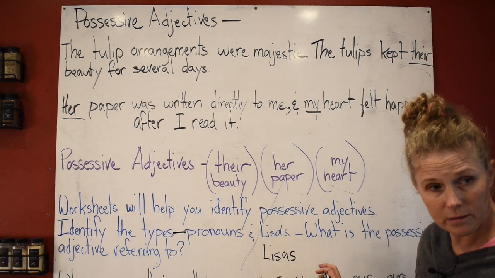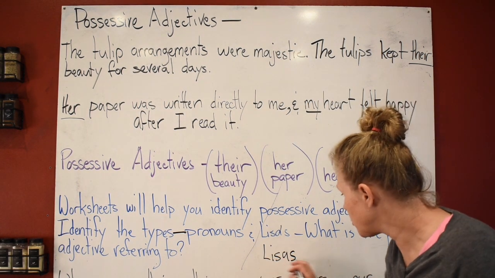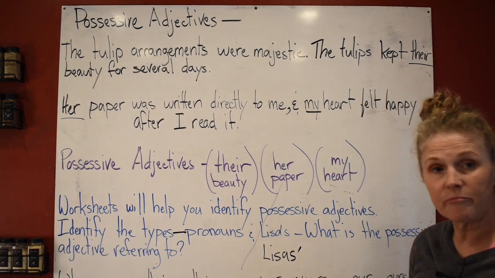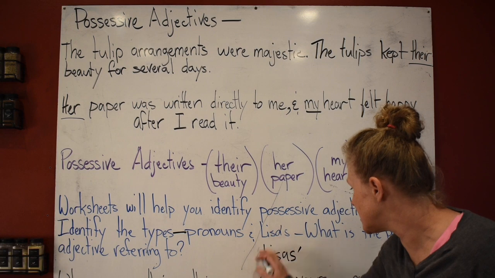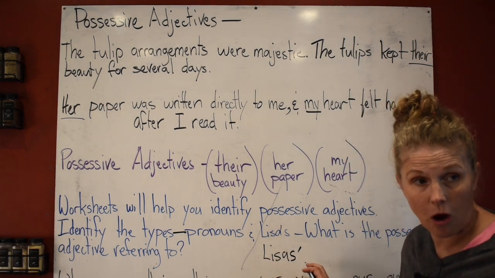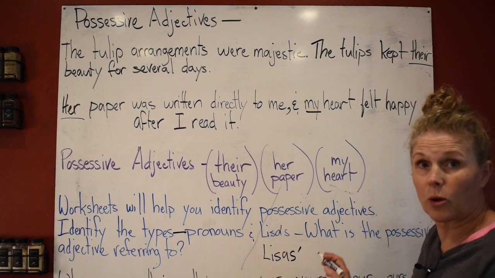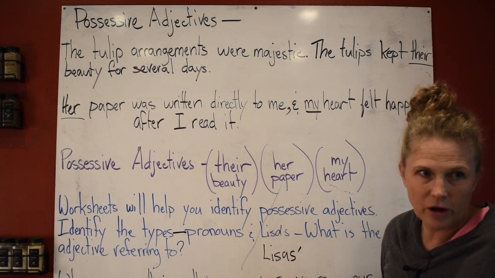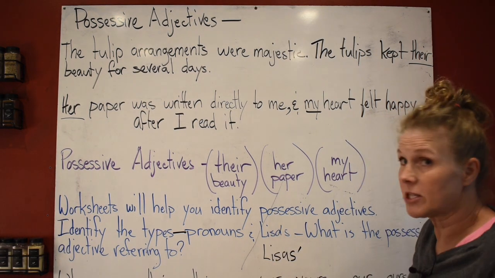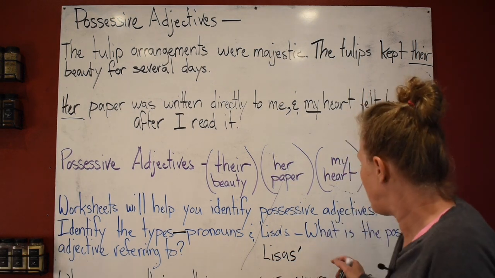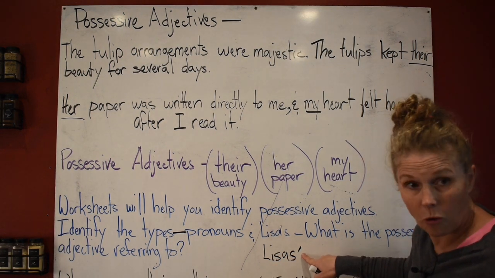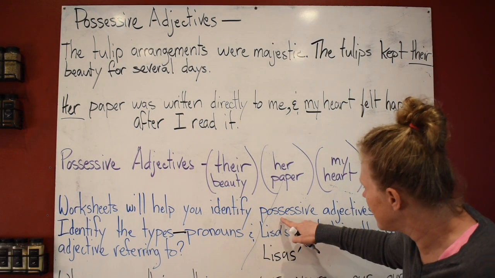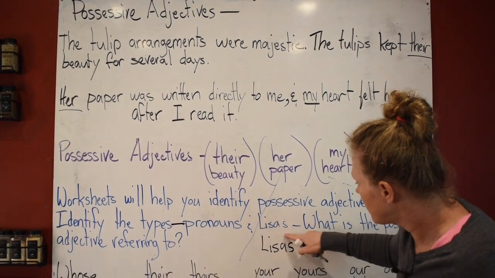Plural or singular? Plural. This is plural Lisas, but now I've made it possessive. More than one Lisa is possessing. Many Lisas are possessing whatever the item. You won't see this very often at all, unless you have more than one. But, so this right here is plural, more than one, possessive.